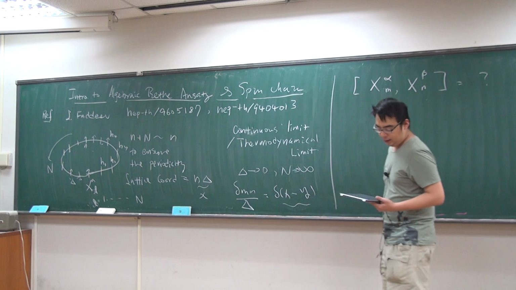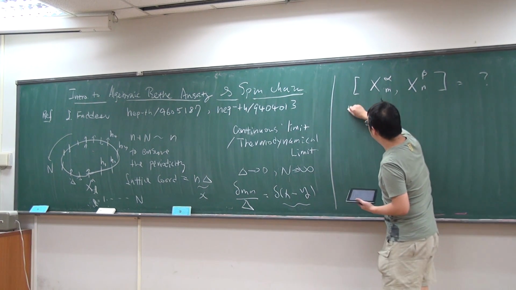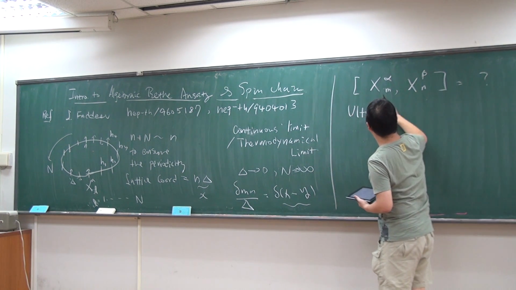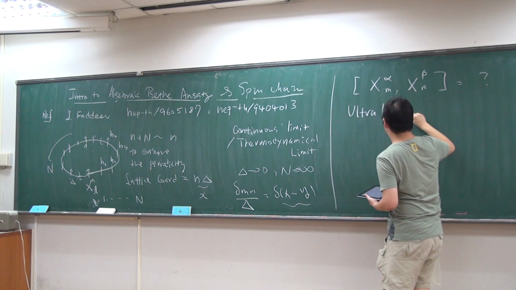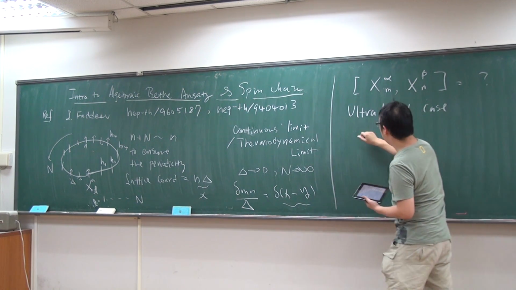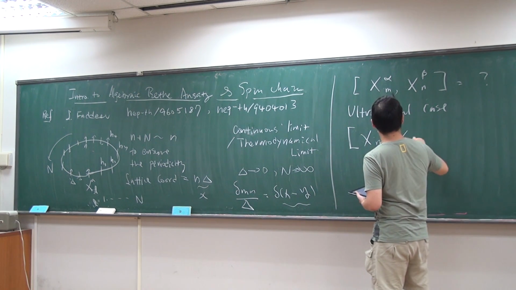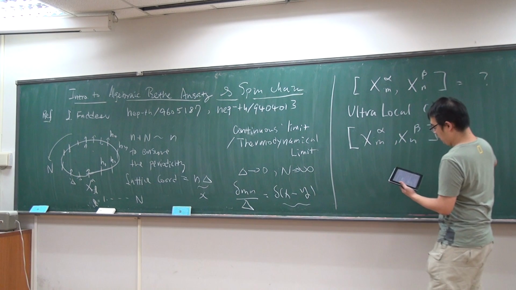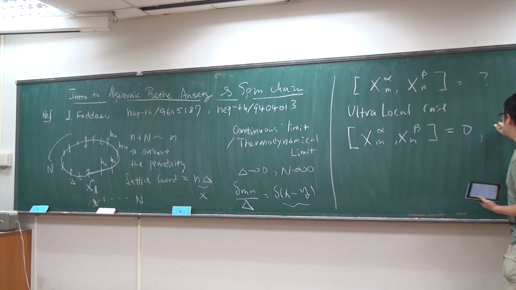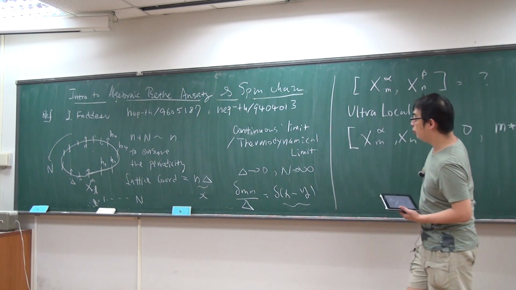The particular case we'll be interested in in this lecture is something called the ultra local case, which simply tells you that the commutator is equal to 0 if m is not equal to n. So basically they commute with each other.